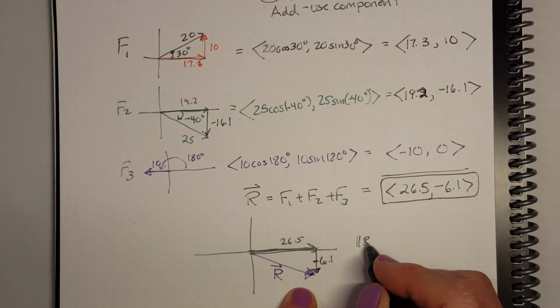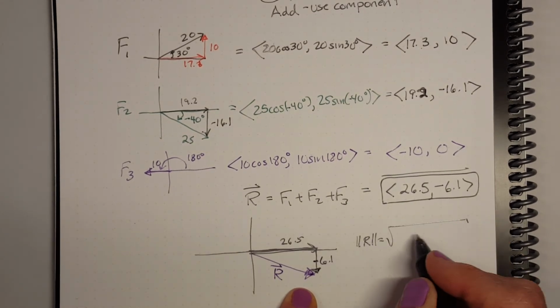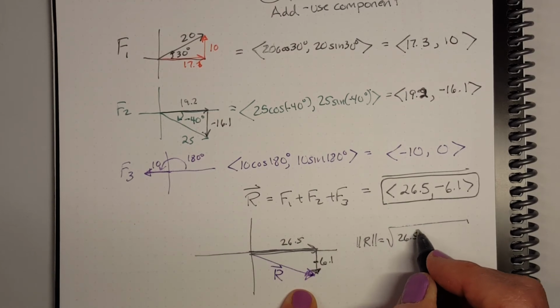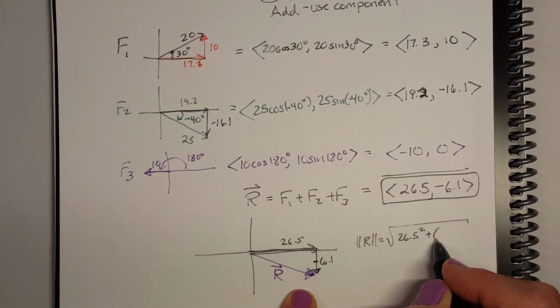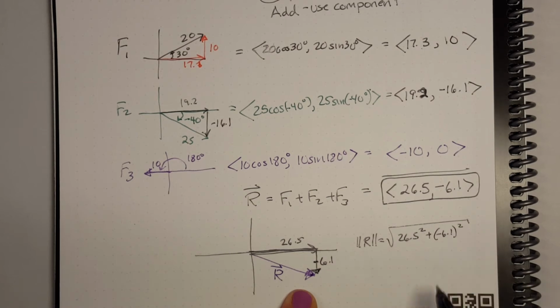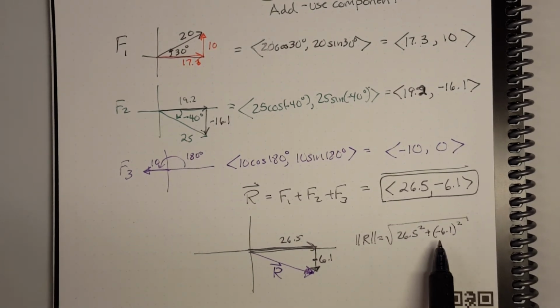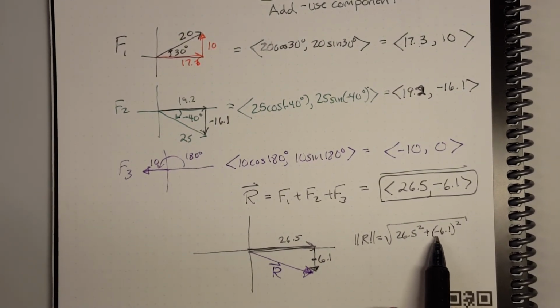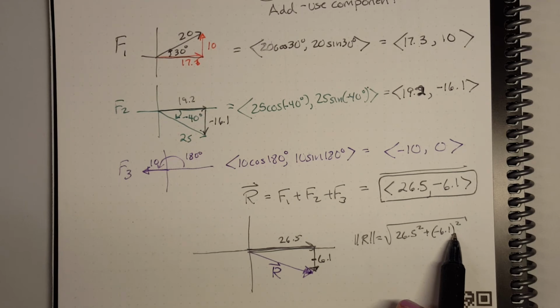So the magnitude of the resultant vector is going to be the square root of 26.5 squared plus negative 6.1 squared. Now just a hint here, a tip. When you're doing the Pythagorean theorem and you're squaring, you don't need to put the negative sign in, because if you put that negative sign in and you don't use parentheses, you're going to get the wrong answer.